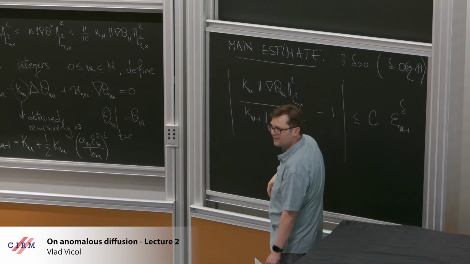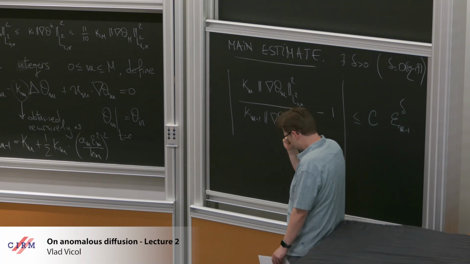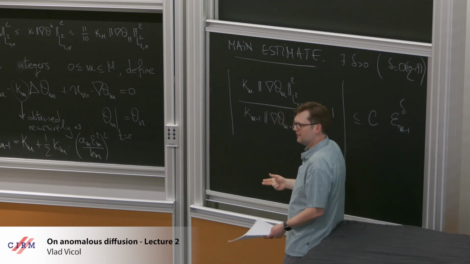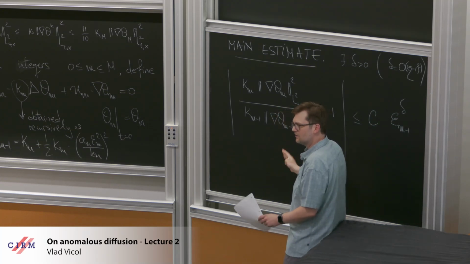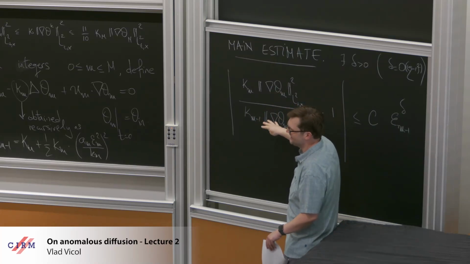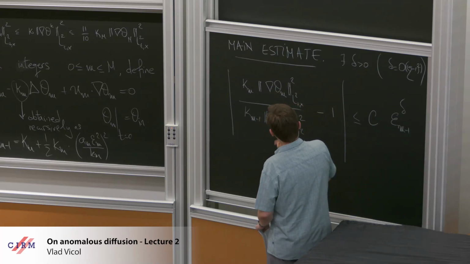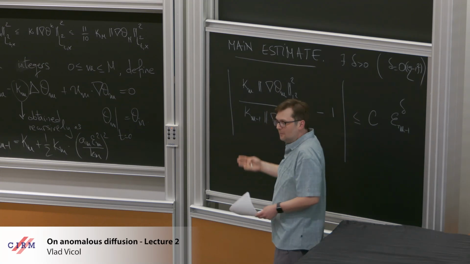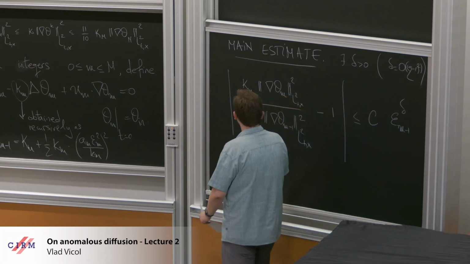Now, you prove more than this in the end, but I don't think it's worth writing the other things for this specific talk. But you do need to prove more. You can't just prove this, okay? Now, what if for some reason you can prove this estimate?